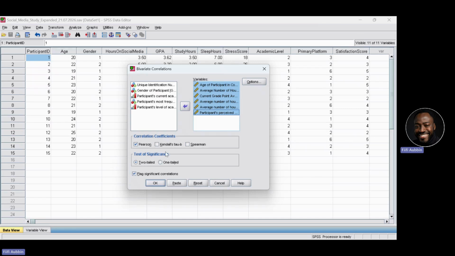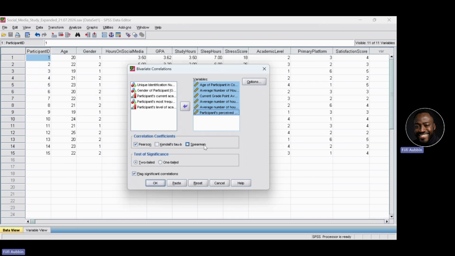Then we have Kendall's tau, which is another correlation coefficient typically used for ordinal data or situations involving many tied ranks, and this isn't appropriate for today's data set. Then we also have the Spearman correlation, which is commonly used for ordinal variables or when the assumptions required for Pearson's correlation have not been met. And since our variables passed the normality test in the previous lesson, Pearson remains the correct choice.